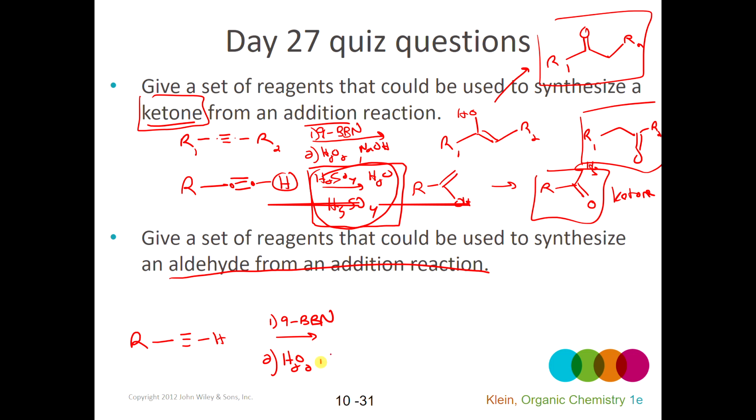And the second step's always going to be NaOH and hydrogen peroxide in any of these borane hydroboration addition reactions. But it's going to give me anti-Markovnikov. So the hydrogen adds to the side where there were fewer hydrogens, and the OH adds to the side where there were more hydrogens, and then that tautomerizes, and when it does, it gives me the aldehyde.